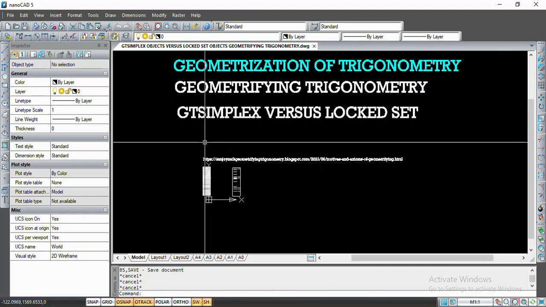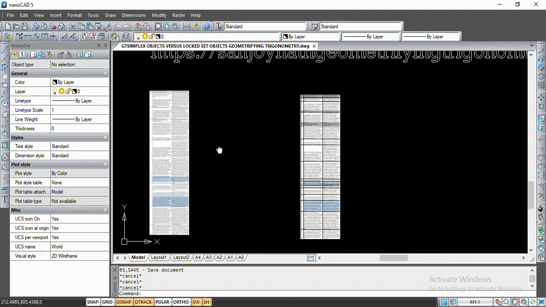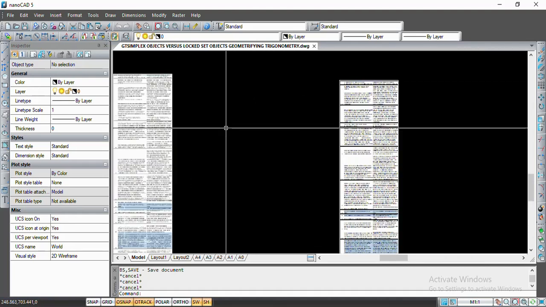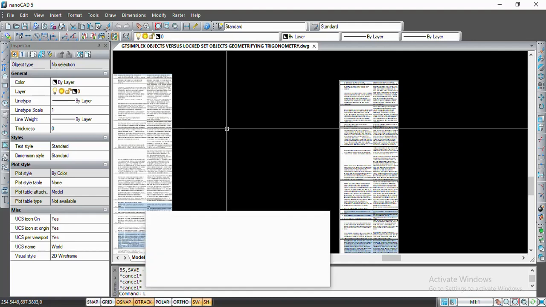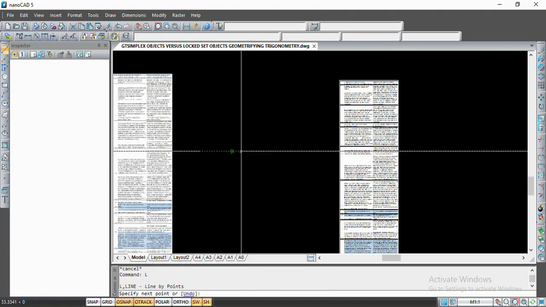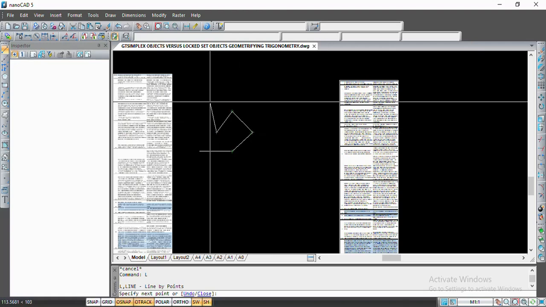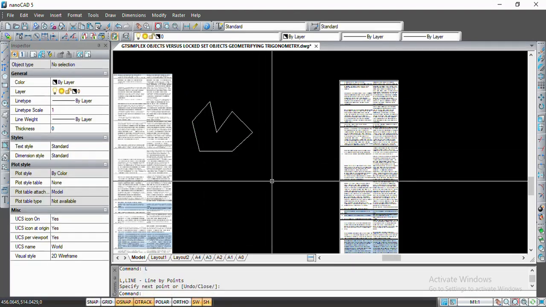But before talking about the Gtsimplexes and locked sets, we should talk about the free body diagrams and the pictures of bridges or trusses, where we see several line segments are involved, and these line segments are considered as the beams placed on a floor plan.